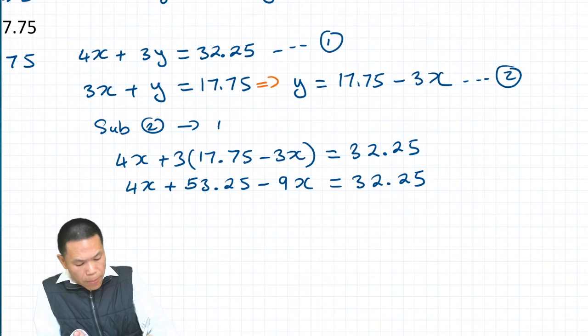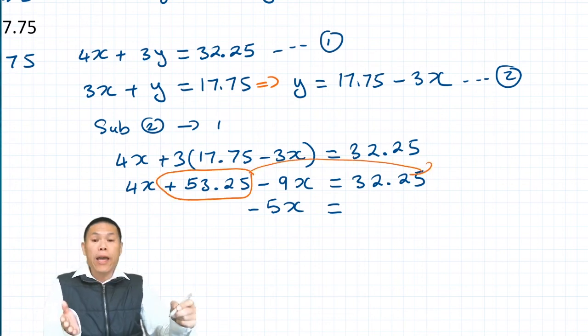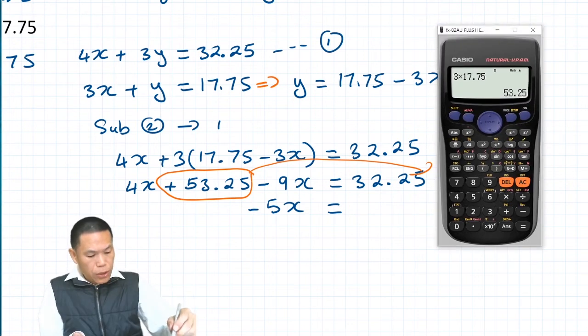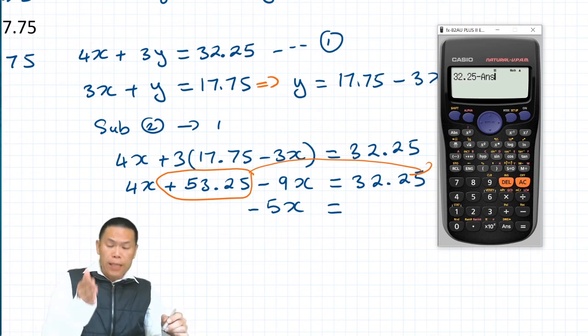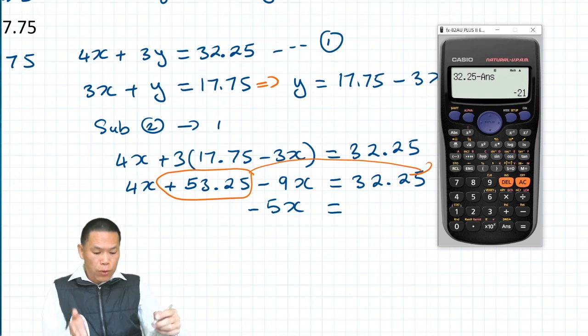So I just write negative 5x is equal to, and I move this 53.25 to the right hand side. So it becomes minus. So I just go 32.25 minus 53.25, the answer is negative 21.